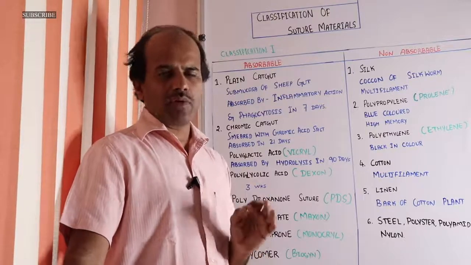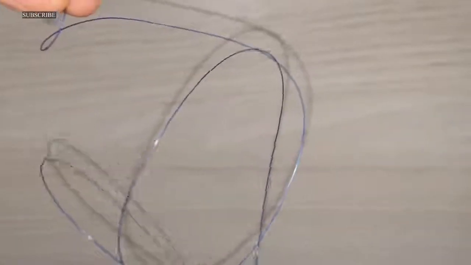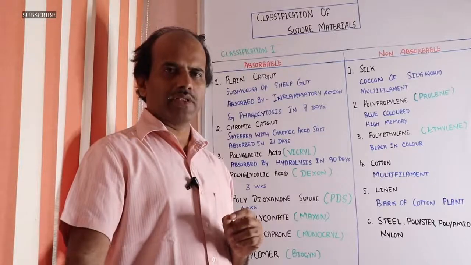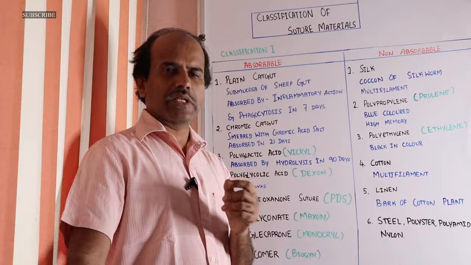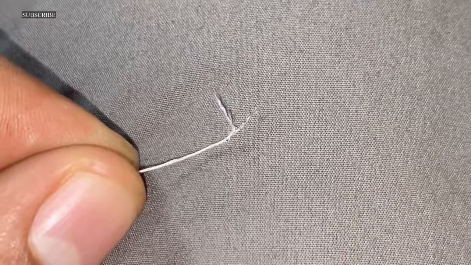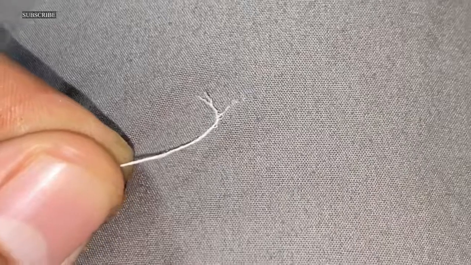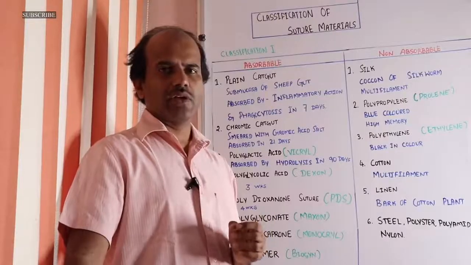An example of monofilament is Prolene, like a hair. Hair does not have any other filaments, so it is a single structure. Multifilament means if you take a cotton thread and observe it keenly, you may find small threads twisted together to make a single thread.